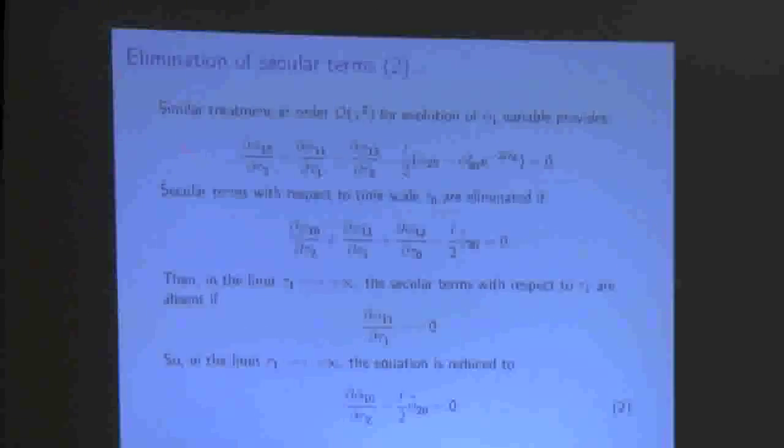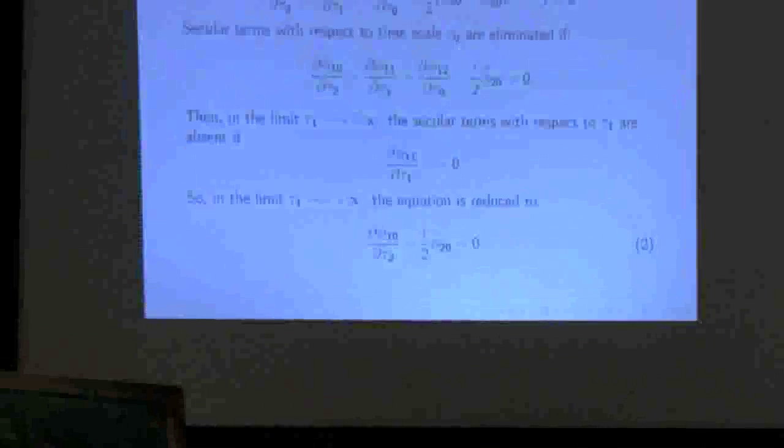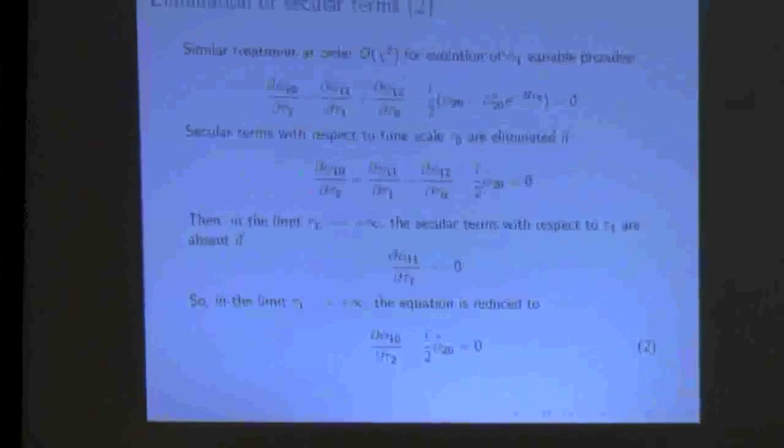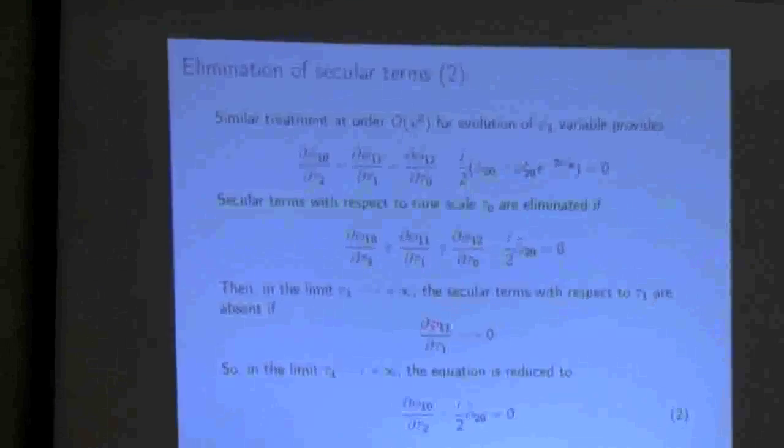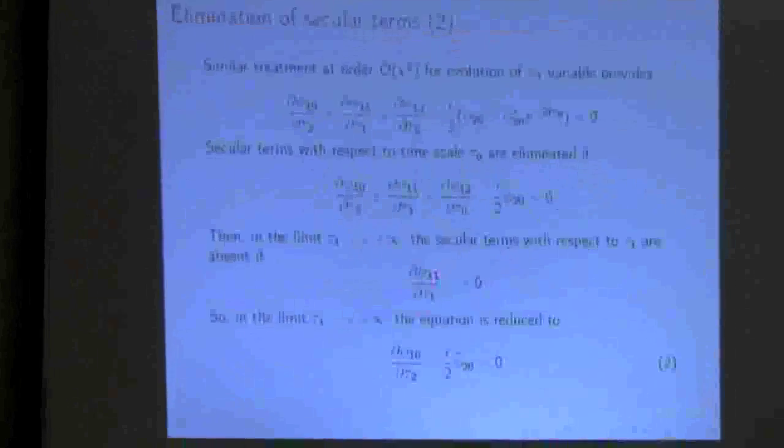Now I can do a similar treatment for the next order, order chi squared, and I can look at the evolution of the phi 1 variable, which is governed by this equation. If I look at secular terms with respect to time scale tau 0 again, I have this relation. Then, in the limit tau 1 tends to infinity, the secular terms with respect to tau 1 are absent if this tends to 0.